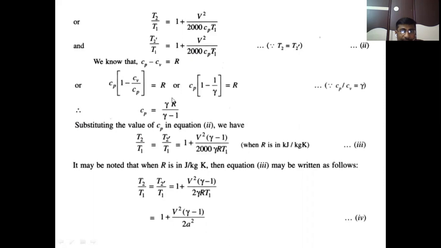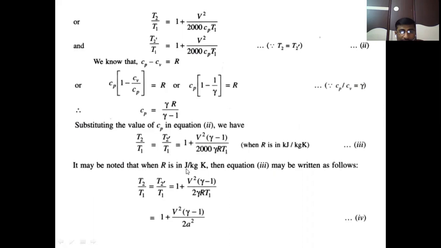By substituting this Cp value into equation 2, T2 by T1 or T2 dash by T1 equal to 1 plus V square into gamma minus 1 by 2000 gamma R T1, where R is in kilojoules per kg Kelvin.